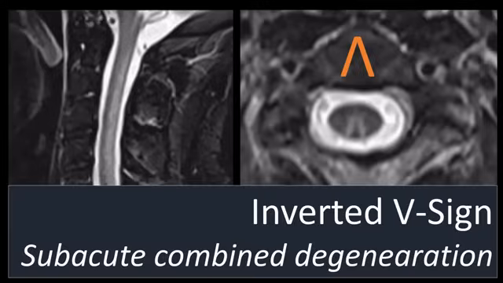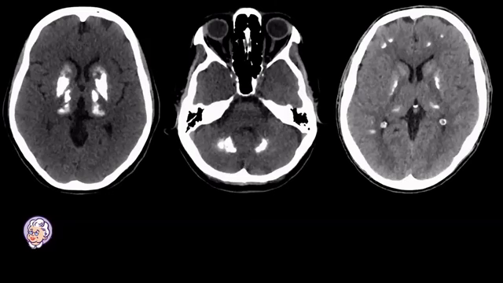It's typically seen in subacute combined degeneration, which is basically vitamin B12 associated toxicity, or disturbances involving the dorsal columns of the cervical spinal cord.